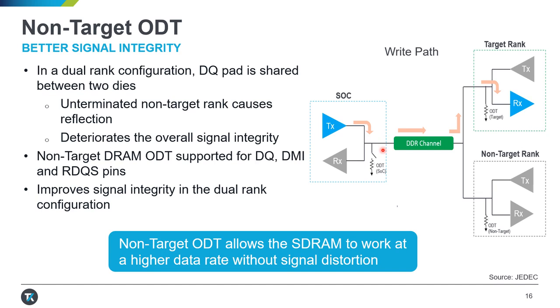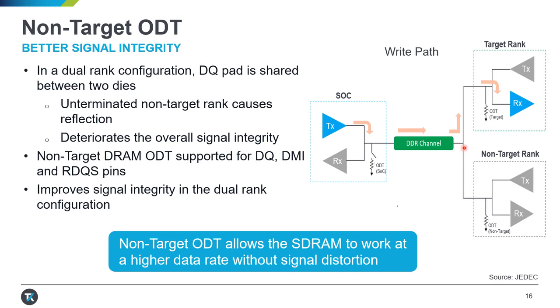As you can see in this block diagram, in a typical dual rank configuration, the DQ pad is shared between two dies. Let's call this rank 0 and rank 1. Rank 0 is the target rank, and rank 1 is a non-target rank. So when the SoC TX is driving the data towards rank 0, which is our target rank, then this path towards rank 1 acts as a stub, and this stub causes reflection.